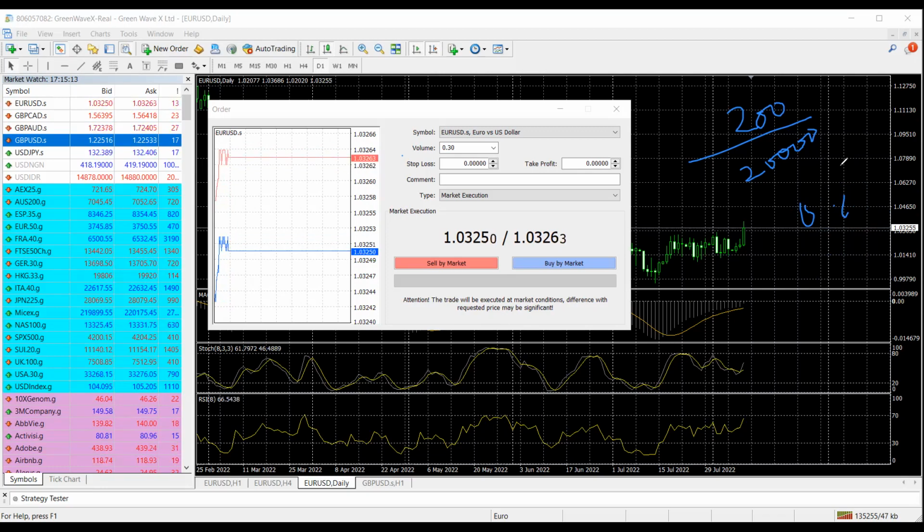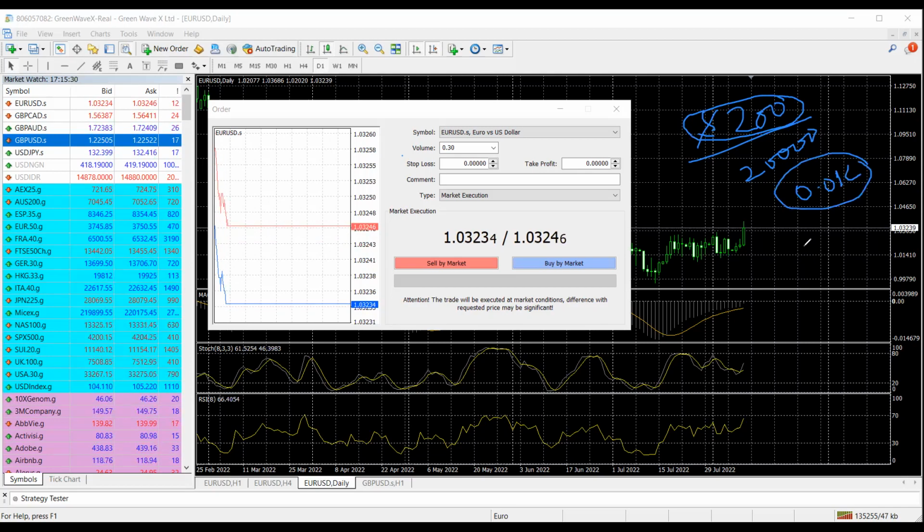But the more you are able to build your $200, the more you can increase the lot size as time goes on. I also used to advise that you just focus on 0.01 lot on whatever currency pair you want to trade, and also focus on a particular time frame.